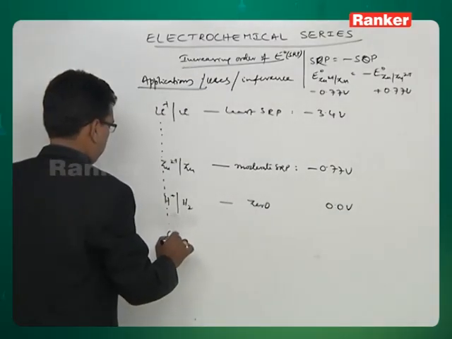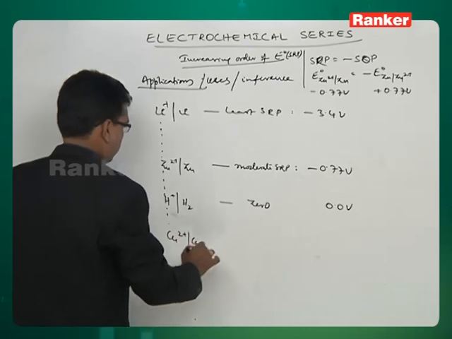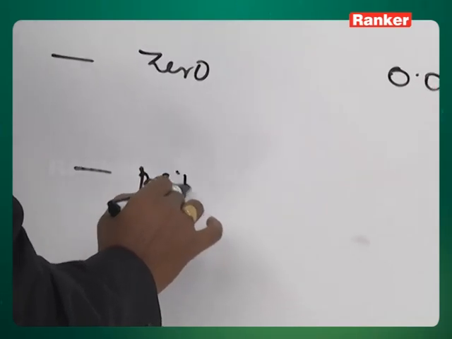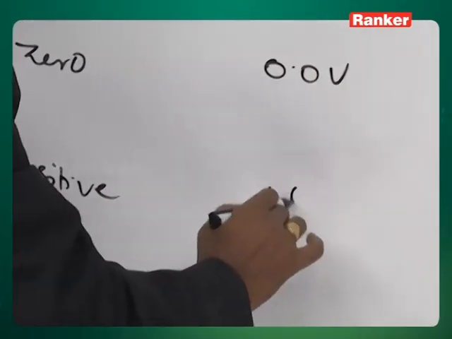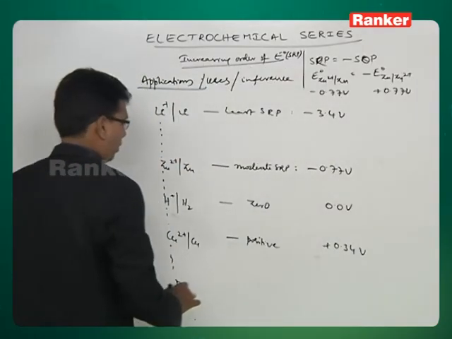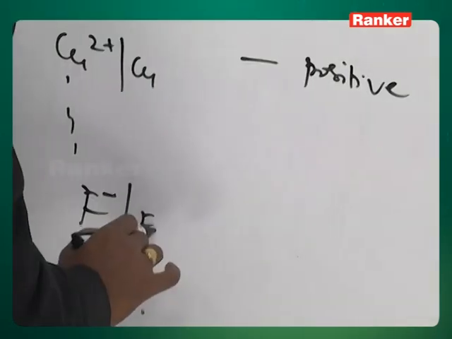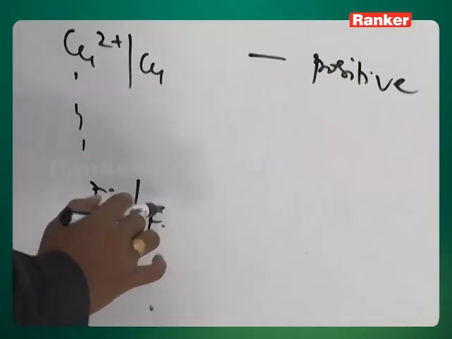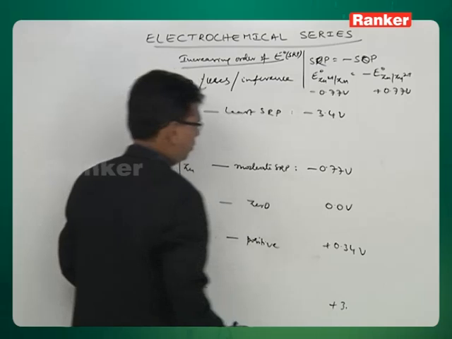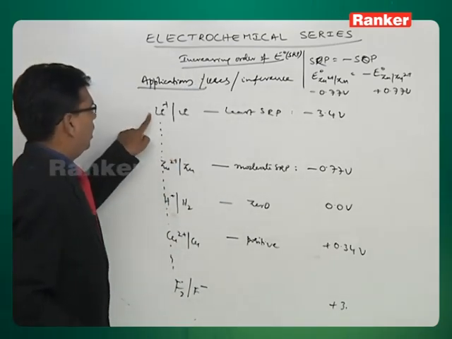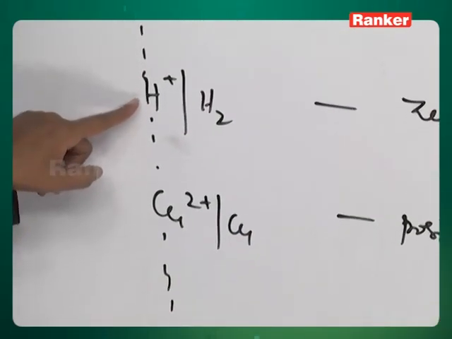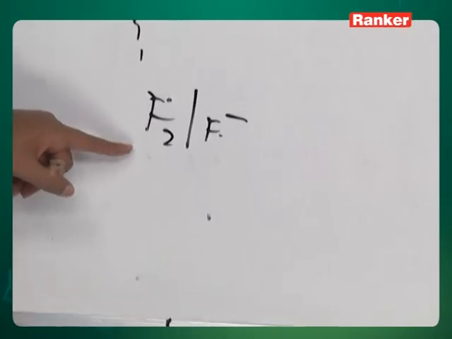Then copper having positive, that is plus 0.34 volts, and last of course fluorine, some plus 3. So, as you can see: highly electropositive, moderately electropositive, hydrogen, least electropositive, highest electronegative.